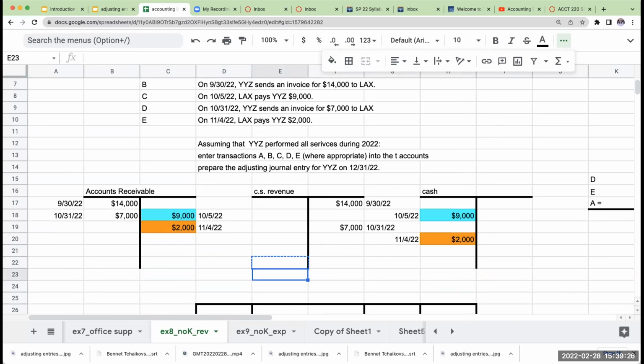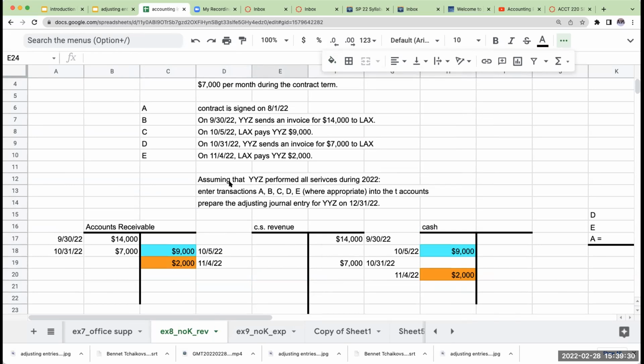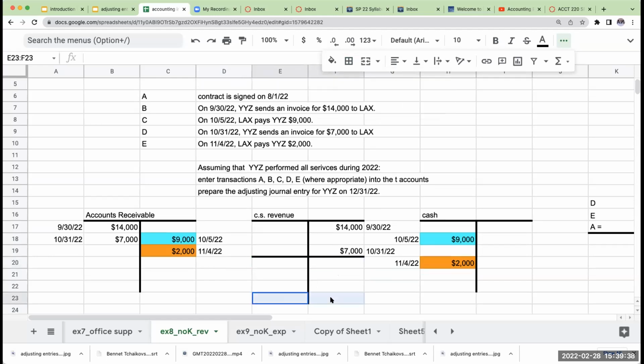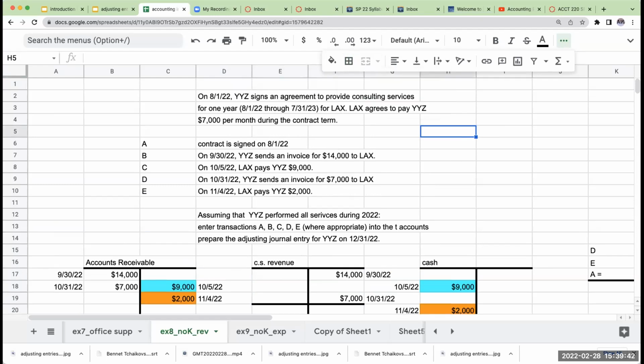Let's check this out. Let's think about this. Assuming that we performed all services during 2022, how much should I be recognizing in revenue? How many months did I work for? Well, I worked during the months of August, September, October, November, and December. This is going to be 1, 2, 3, 4, and 5.